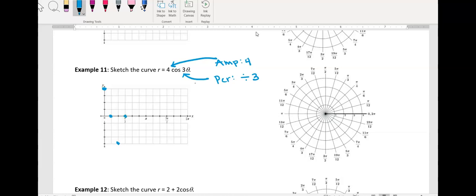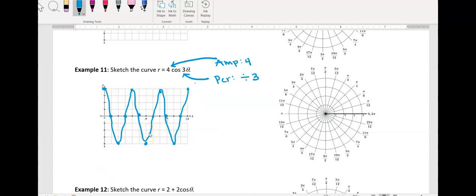It's going to go back to 0, and then back to +4, and then back to 0, and then back to -4, and then back to 0. So as you can see, the pattern just continues. Okay, so here's the general picture of what we have going on, the general graph.